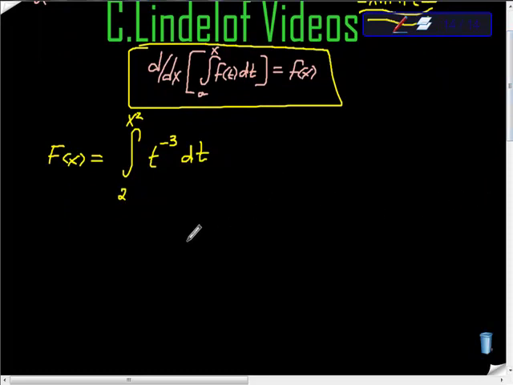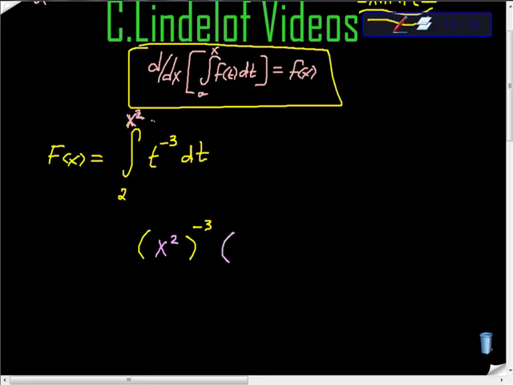First thing I'm going to do is, where I had t, so I have t to the negative third, I'm going to plug in this entire value, not just x. When it was just x, it worked really cleanly, but we have x squared here, so we have to put the x squared here. This negative 3 is this one. All right, so far so good.